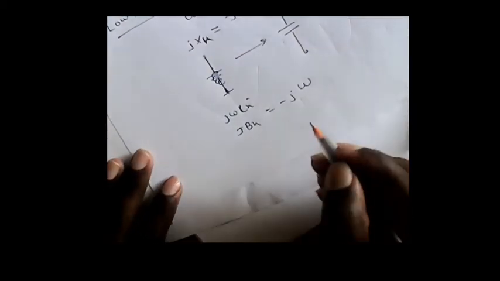Similarly, the shunt susceptance, that is j omega Ck dash, meaning j omega Bk, is equal to j omega c divided by omega c into Ck dash, which is converted into 1 upon j omega Lk dash. So the shunt capacitance is converted into an inductor, which is shown: a series inductance must be replaced with a capacitor and a shunt capacitor must be replaced with an inductor.